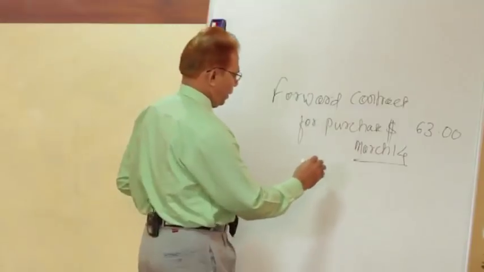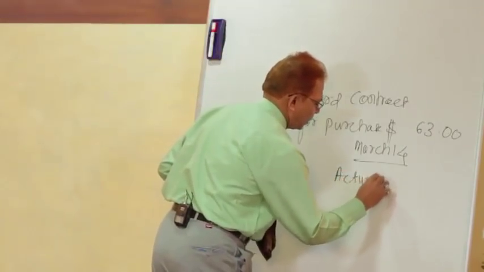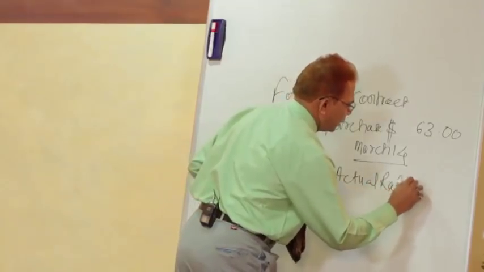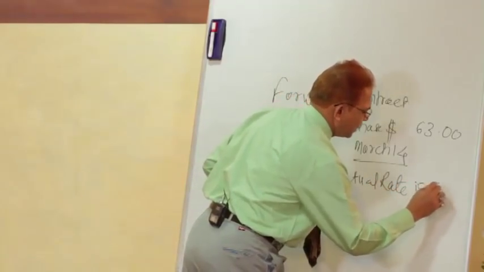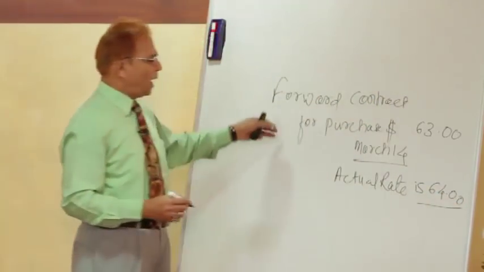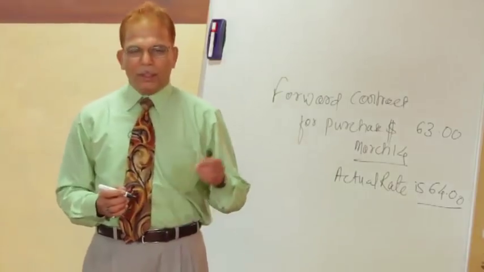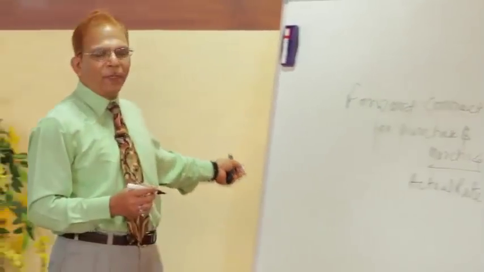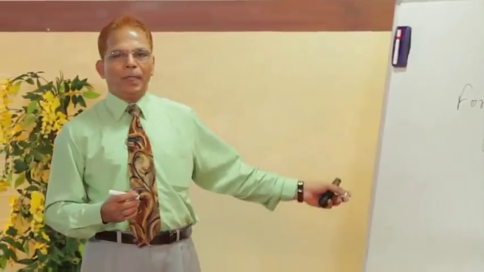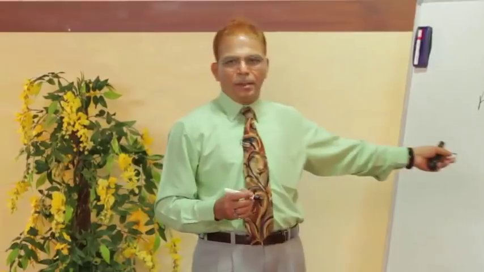Suppose in March 14 the actual rate is 64. Since I have already purchased a contract at the rate of 63, now I cannot get the benefit of this 64. So effectively I have capped my profit at 63.